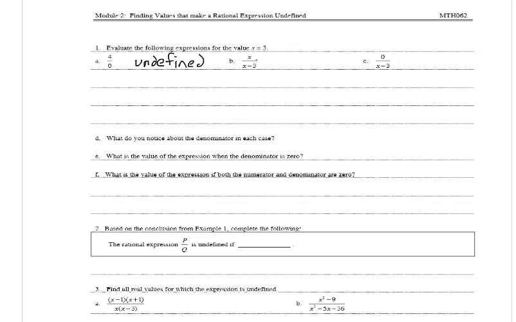In B, we have x divided by x minus 3. So we'll plug in 3 on top, divided by 3 minus 3, which is equal to 3, and then 3 minus 3 is 0. And 3 over 0, again we have a 0 in the denominator, and it is undefined.